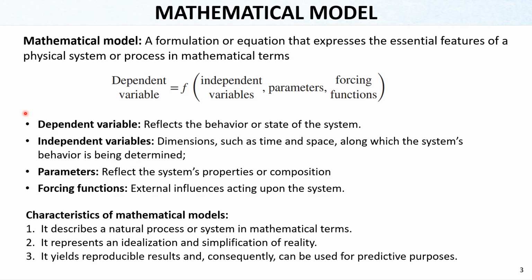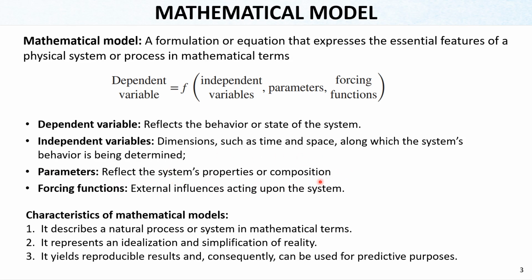Here, if we want to define these, the dependent variable reflects the behavior or the state of the system, basically the result of the mathematical model. The independent variables are dimensions such as time and space, along which the system's behavior is being determined, and these are independent from any other variables. So they are just entered to the system independently. The parameters, on the other hand, reflect the system's properties or composition.